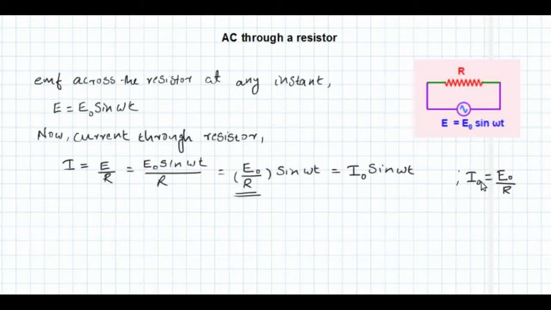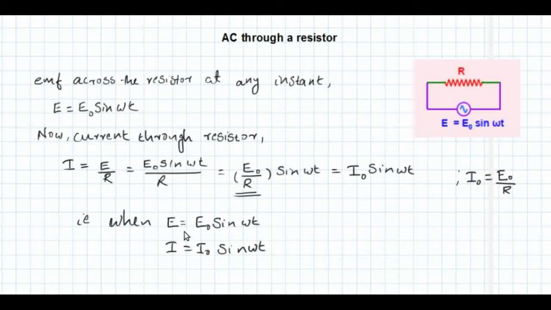Similarly, I0 represents the maximum value of current I. Okay, so that is the meaning of E0 and I0.